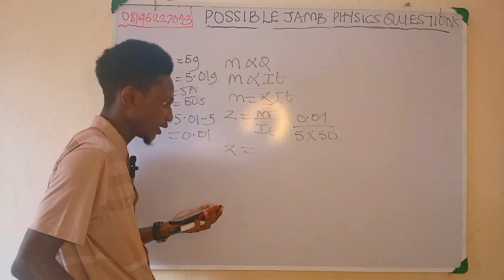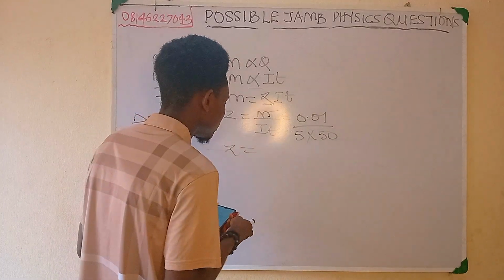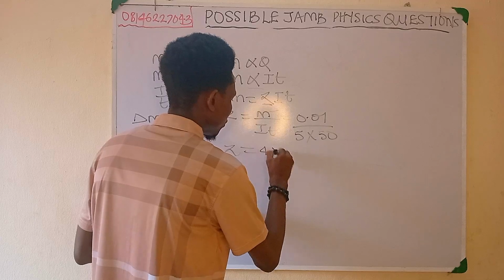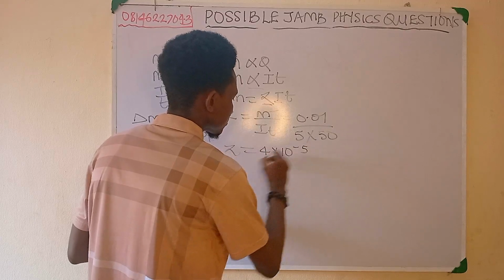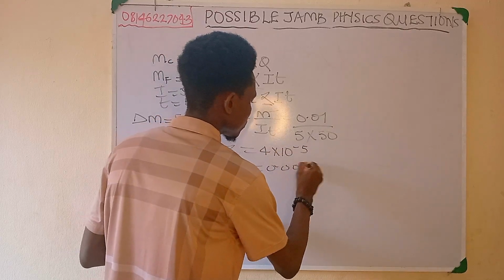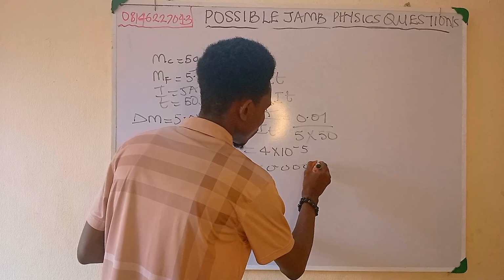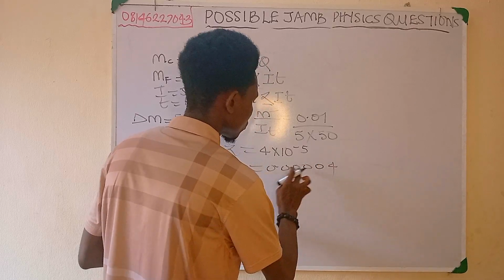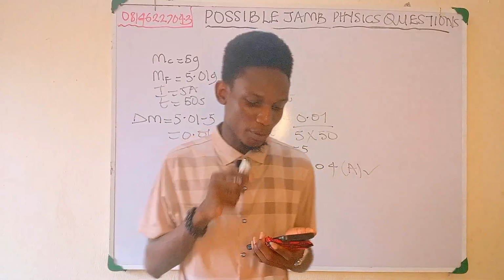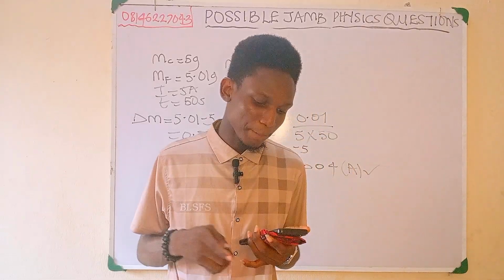So I think I'm seeing option A there. That's 0.00004. Option A was correct.